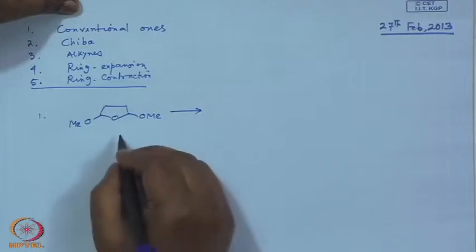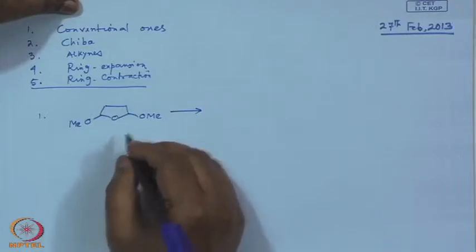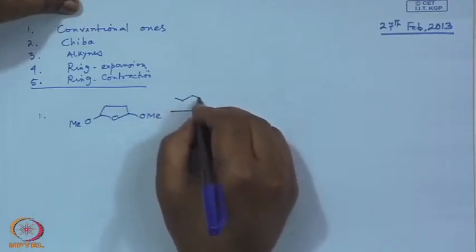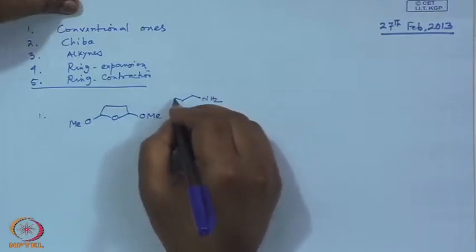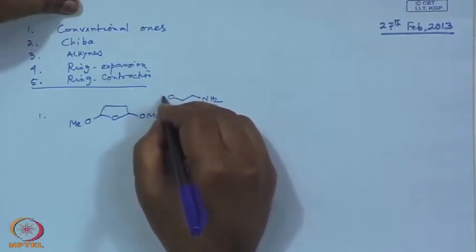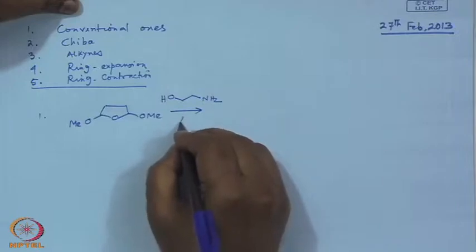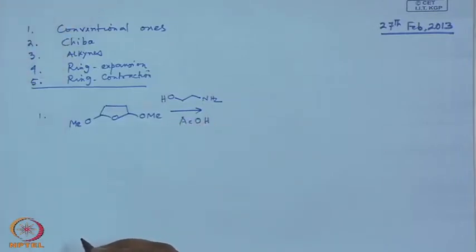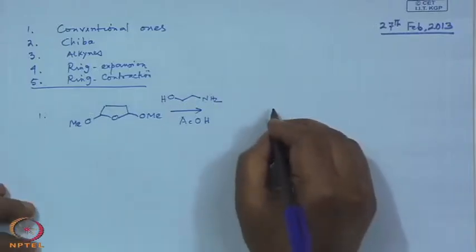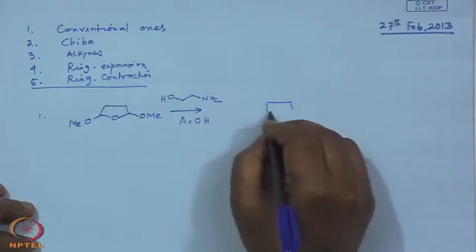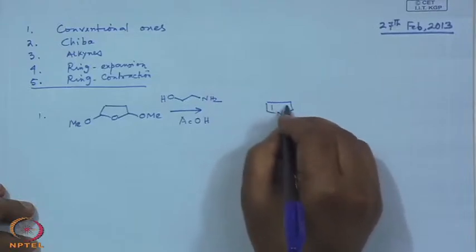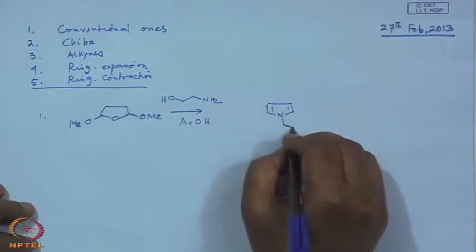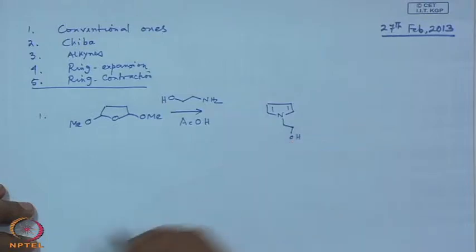It is a tetrahydrofuran derivative, and you react it with ethanolamine using acetic acid as solvent. What we expect here is just a pyrrole, with an ethanol side chain on nitrogen.